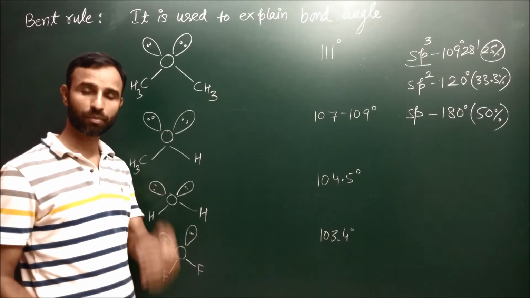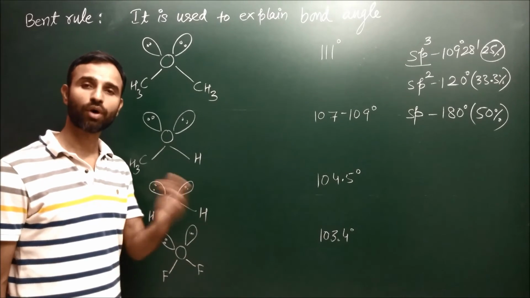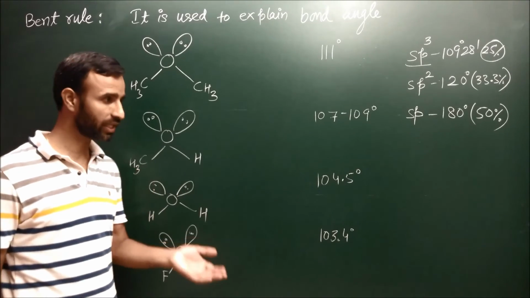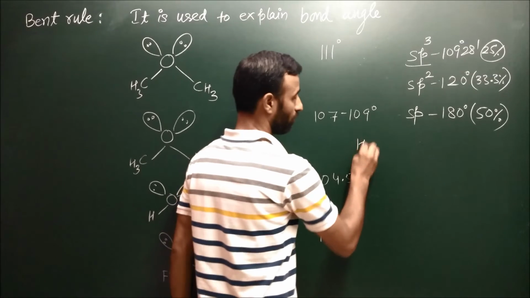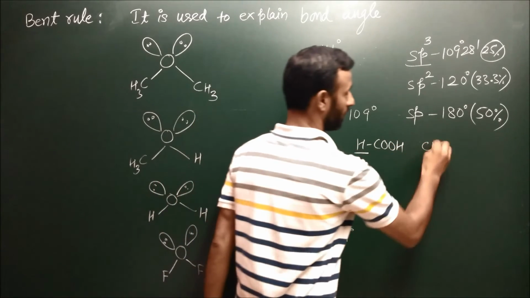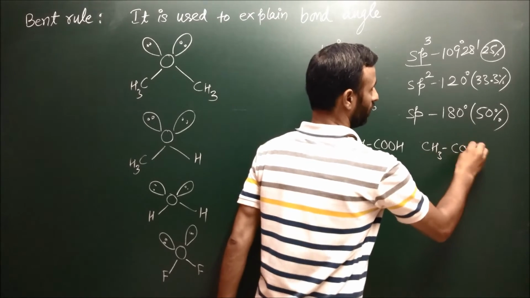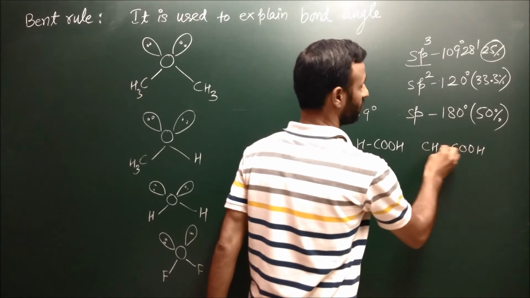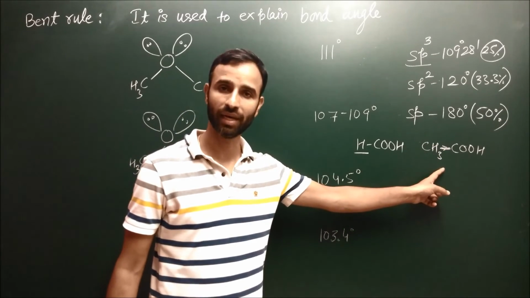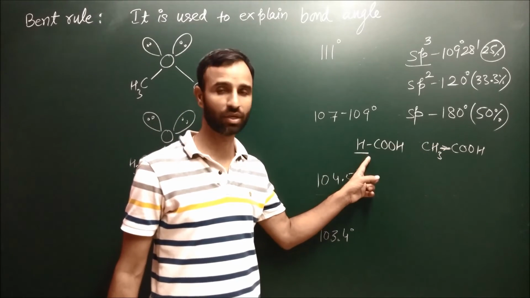If we compare formic acid and acetic acid, formic acid is a stronger acid than acetic acid, because in formic acid there is hydrogen, and in acetic acid there is methyl. So methyl is an electron releasing group. So he considered the group electronegativity of methyl as less than hydrogen.